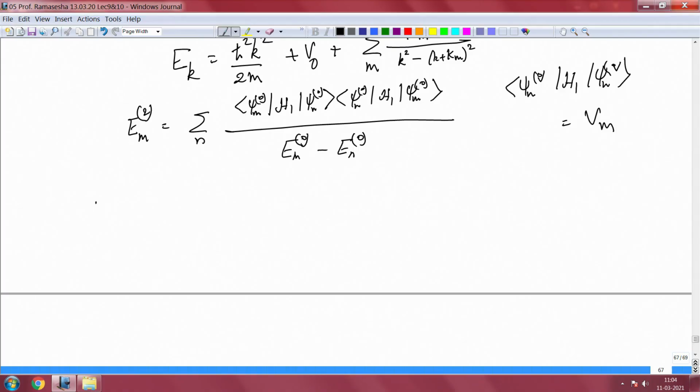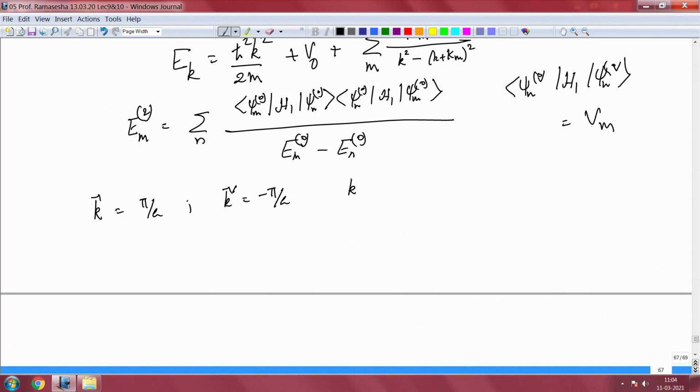So now let us come to the case where the states k and k prime are degenerate. That means in one dimensional case, if I am just looking at the states within the first zone or small values of k, the first time the degeneracy occurs between k and k prime, which are connected by the reciprocal lattice vector, which is 2 pi by a, is k equal to pi by a and k prime equal to minus pi by a.